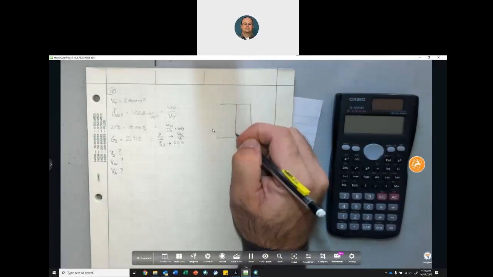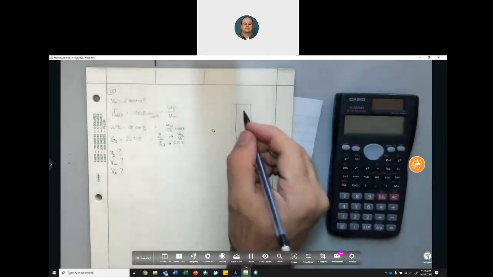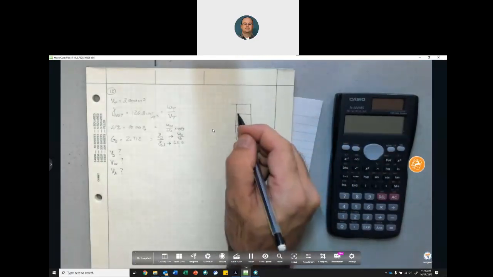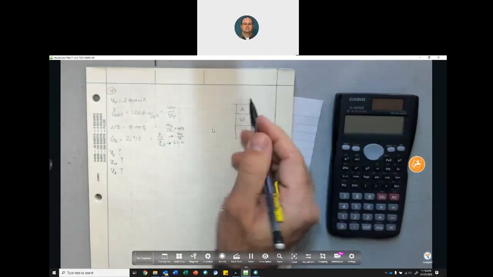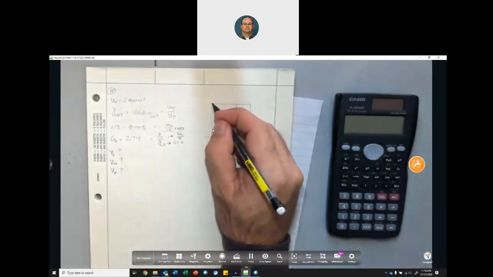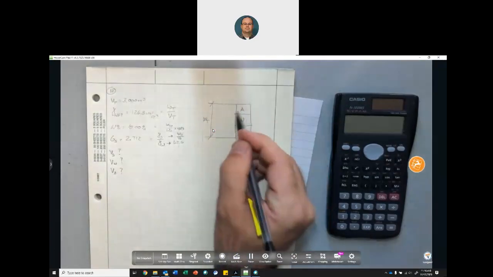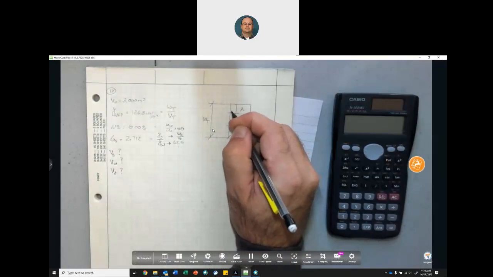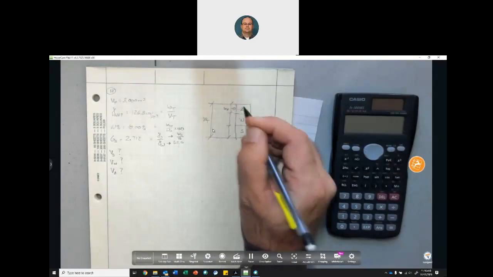I guess it doesn't need to be that wide. So we have air, water, solids. We have total weight. This is weight of air. We know that equals 0.